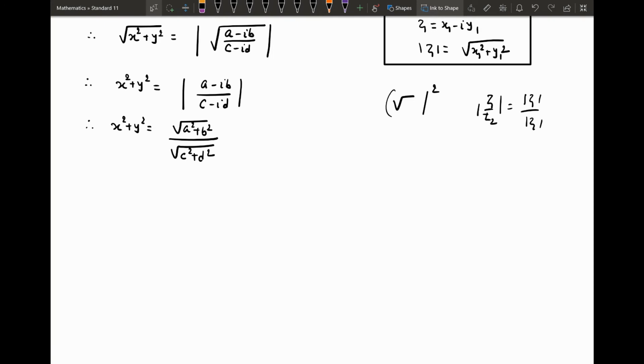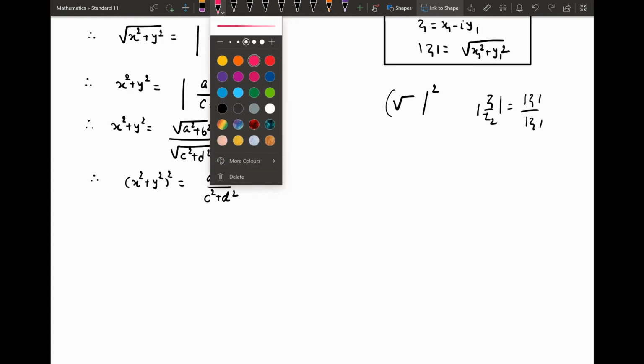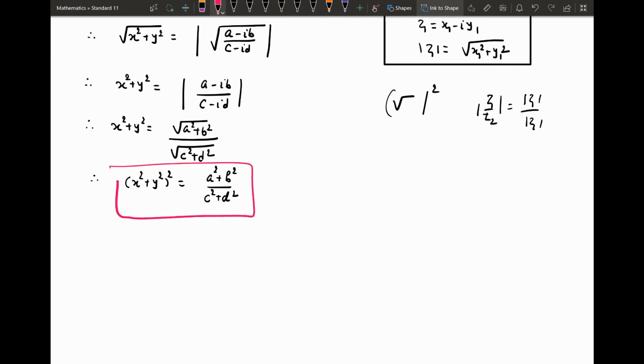Again we take the square, so the left hand side is x square plus y square whole square, and the right hand side will be a square plus b square upon c square plus d square, which is our required result. So we have proved x square plus y square whole square equals a square plus b square upon c square plus d square. We take the next example.